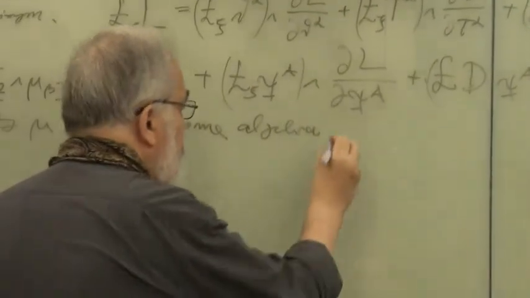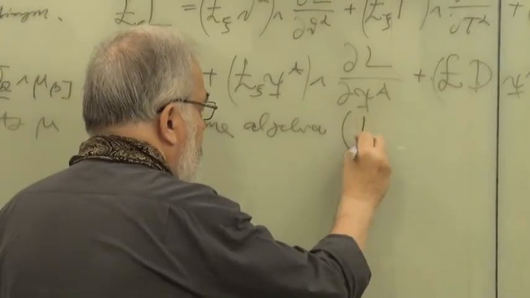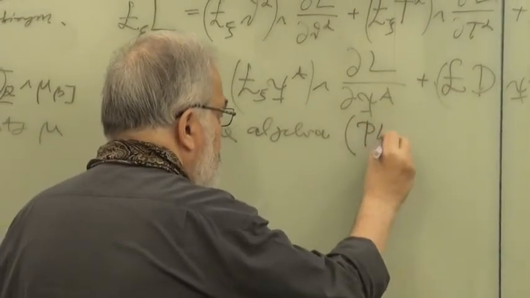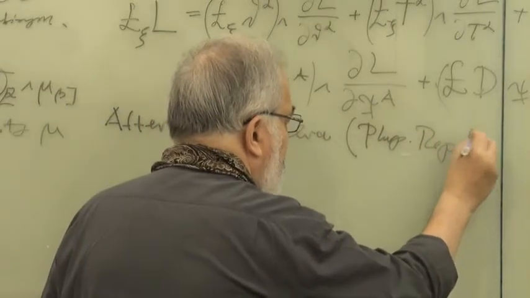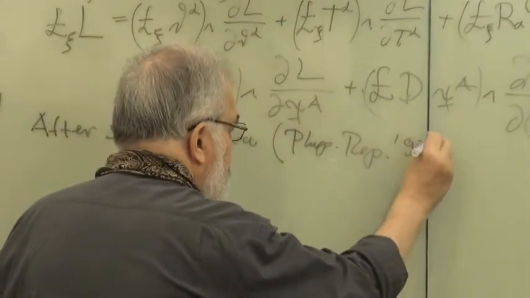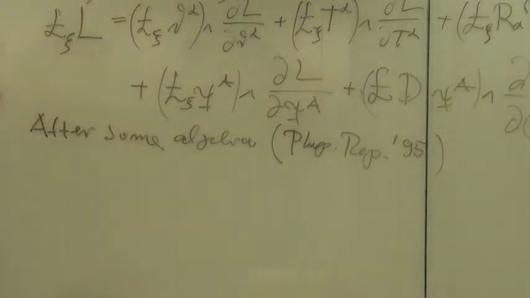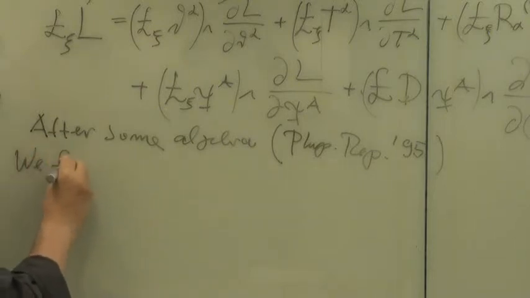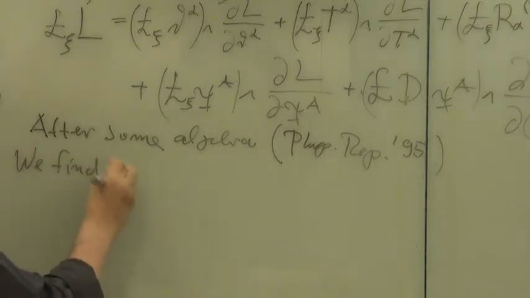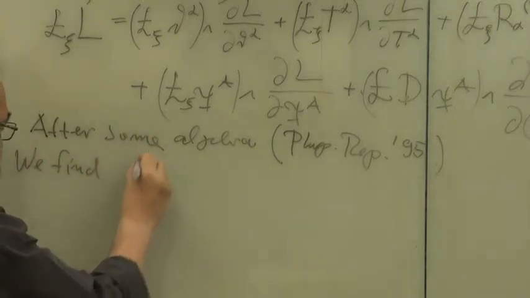If you want to see the details, in the Physics Reports which I wrote with my colleagues in 1995, it's spelled out in detail. I just want to give you an idea how these formulas arise.